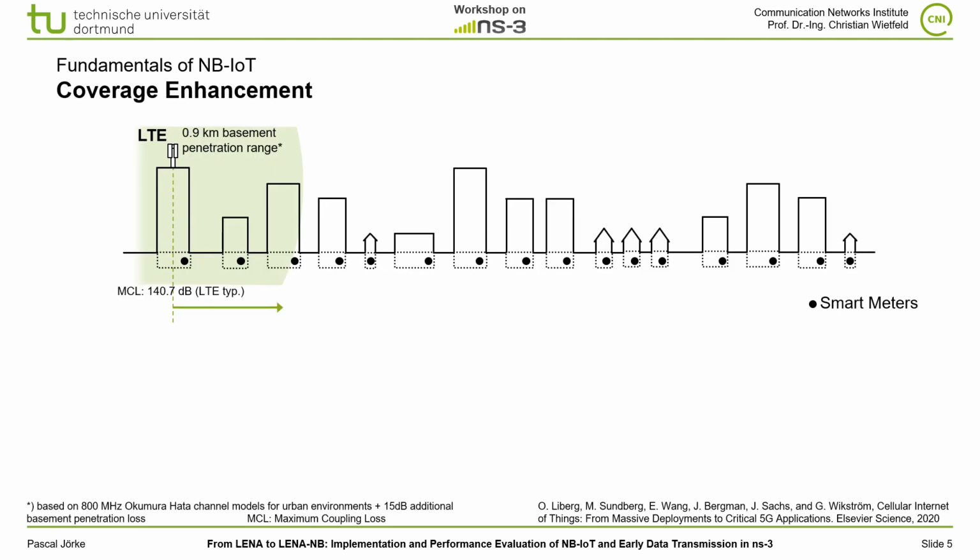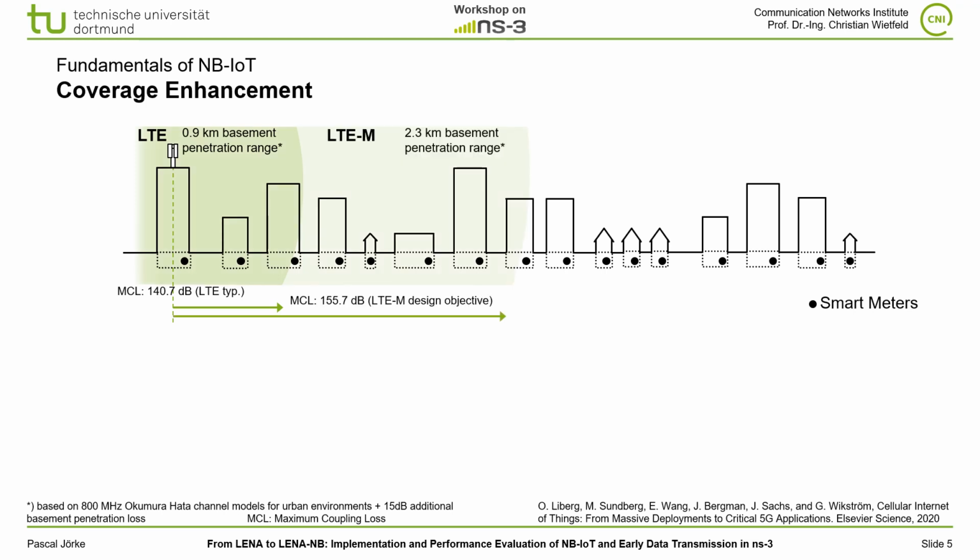In contrast to power saving techniques is coverage enhancement. With LTE, a maximum coupling loss of about 141 decibels is achievable. When using the Okumura-Hata channel model with 15 decibels additional basement penetration loss, this results in a 1 kilometer basement penetration range, which is insufficient for most deep indoor IoT devices.